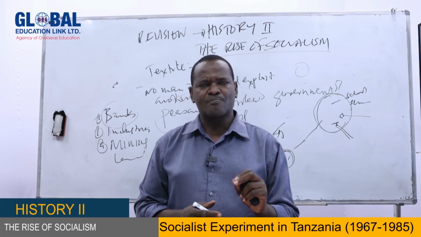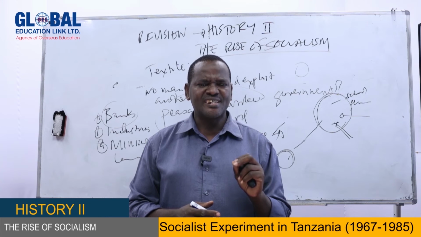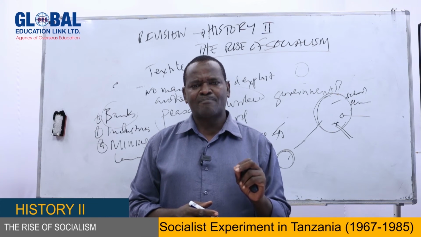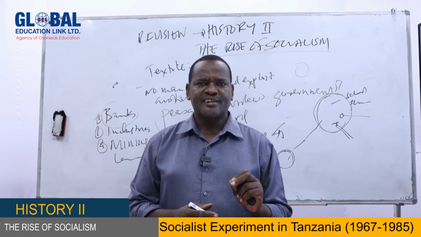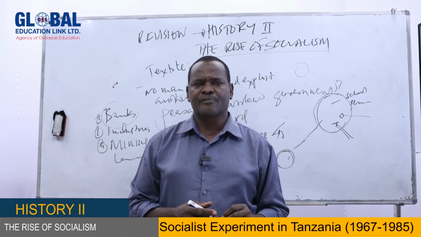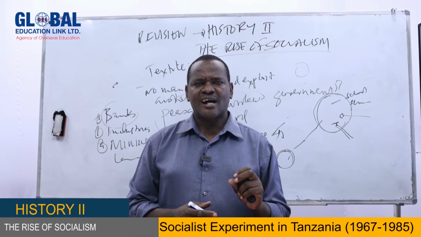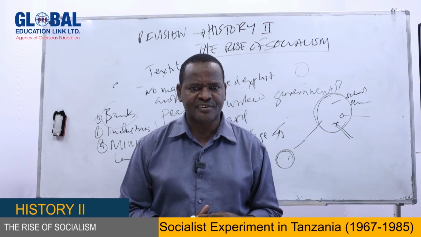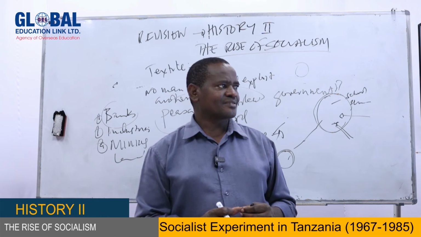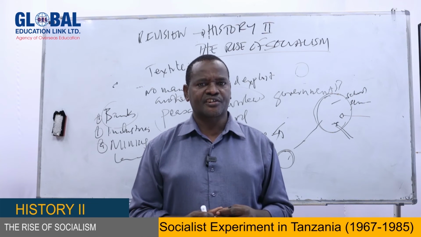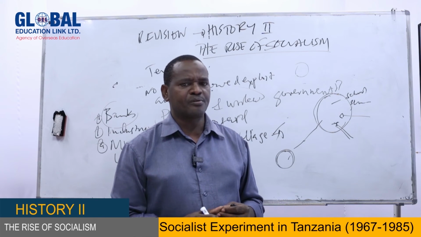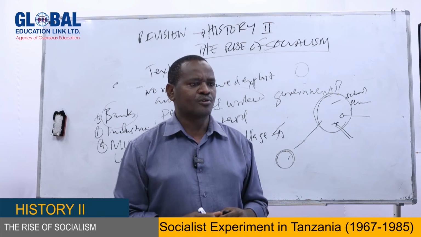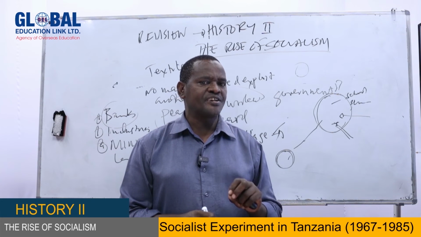People had to produce a lot because we needed foreign currency. The best way to get foreign currency was not to borrow money from developed countries or ask for money from international financial institutions, but to get it by producing cashew crops. So emphasis was put on production of cashew crops, but also on raw materials to feed our industries.